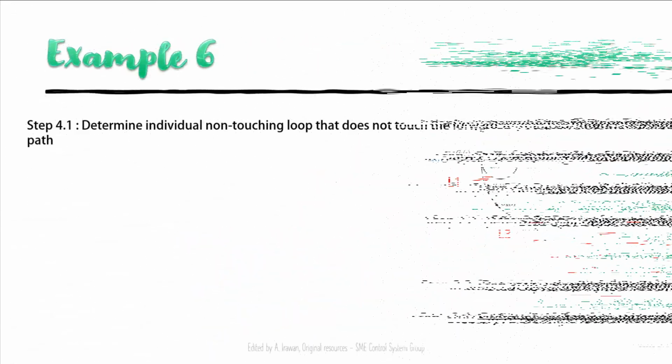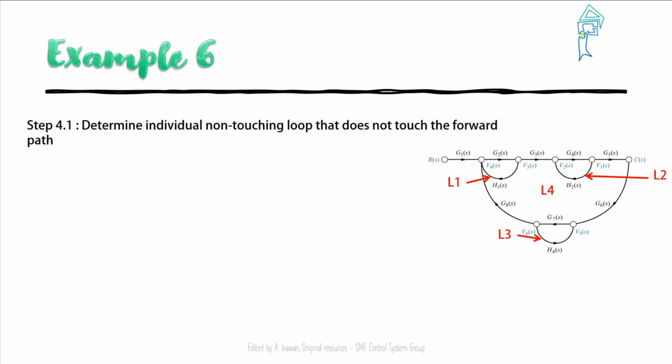So for step 4, determine the individual non-touching loops that do not touch the forward path. We have the forward path here. Which loop does not touch the forward path? We have L3 that does not touch the forward path.